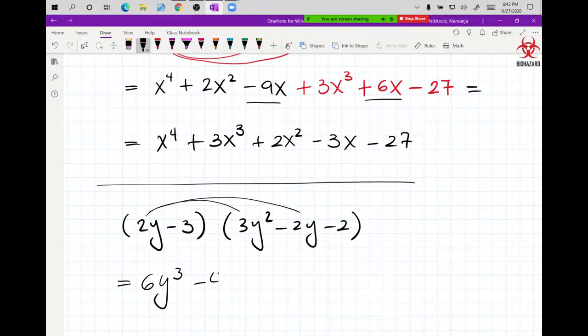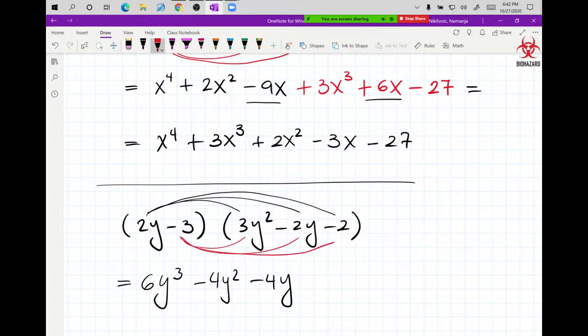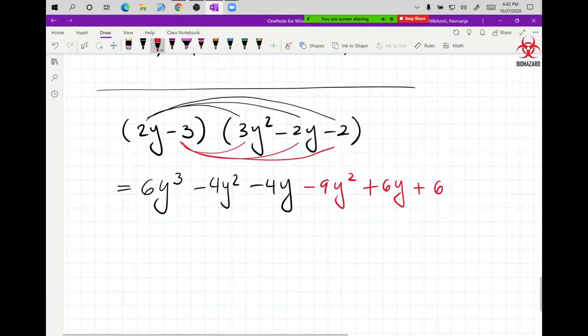Good. Minus 4y. Awesome. Switching to red now. Minus 9y squared. Yep. Plus 6y. Plus 6. Awesome.